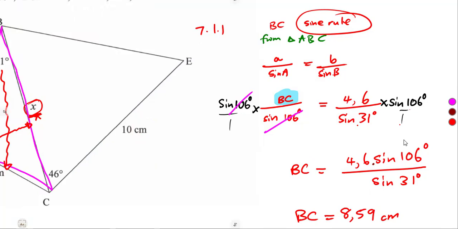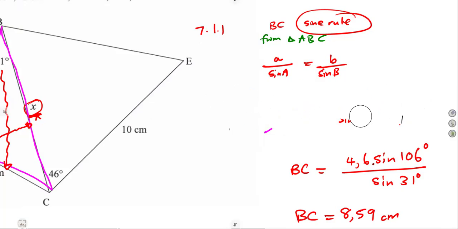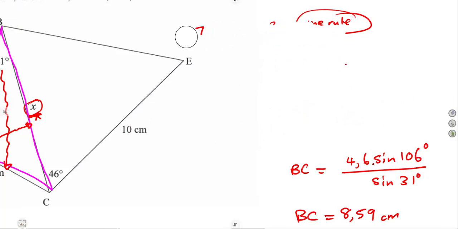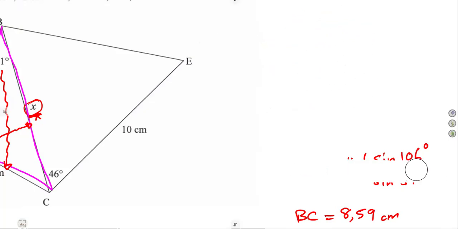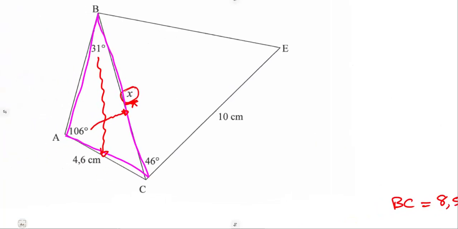So that is the length of BC, from the sine rule. This is how these questions will typically be given in your exam. You just need to practice with as many question papers as you can, to build that understanding.